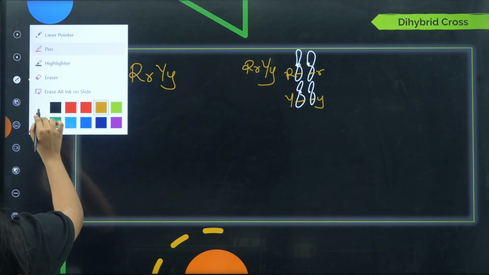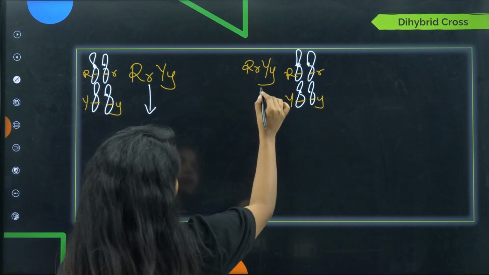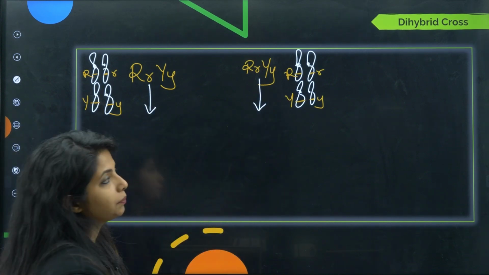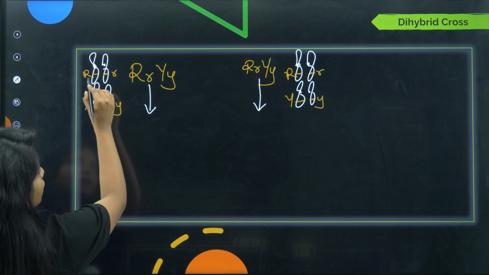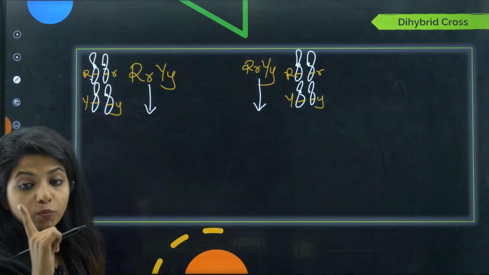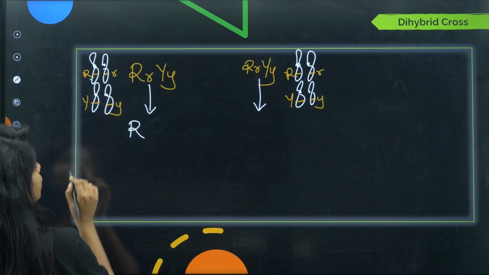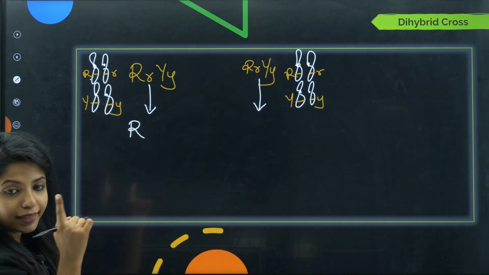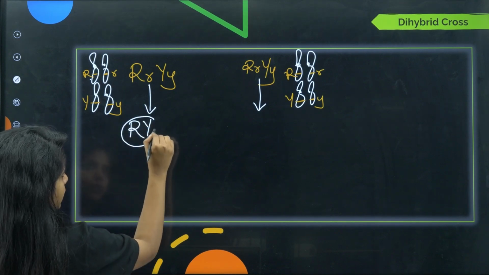What are the gametes going to look like? For this particular pair and this particular pair, what gametes could we find? From this pair, one allele could come down. It can be capital R first. From this other pair, one can come down, and this is capital Y, suppose. So there is one gamete like this.